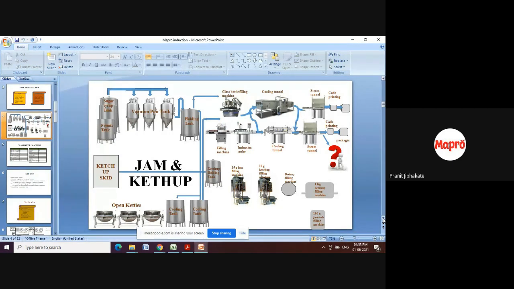For jams, we use high methoxy pectin, because for gelling we need high methoxy pectin. For consistency or viscosity, we need low methoxy pectin. So here in ketchup, we are using low methoxy pectin. In jam, we were using high methoxy pectin, specifically medium rapid set MRS pectin.